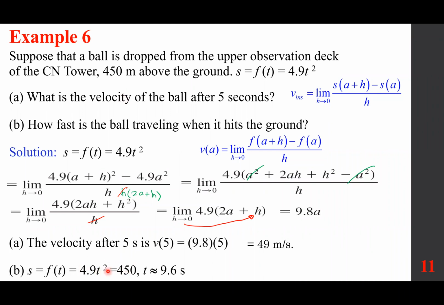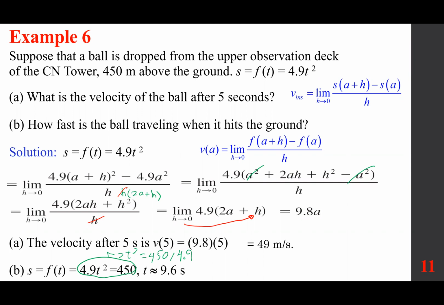You divide by 4.9, t squared equals 450 divided by 4.9, and you take a root. So you have to work it out, class. t is plus or minus the square root of that. You keep the plus, and it gives you 9.6.